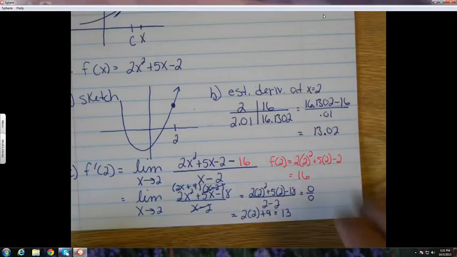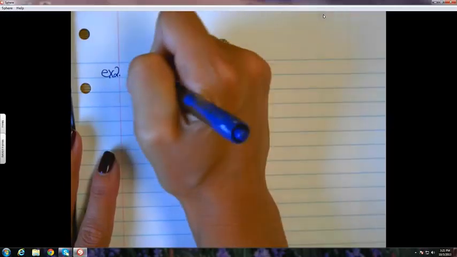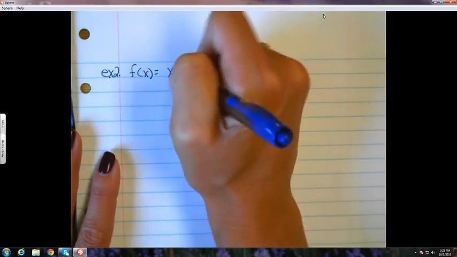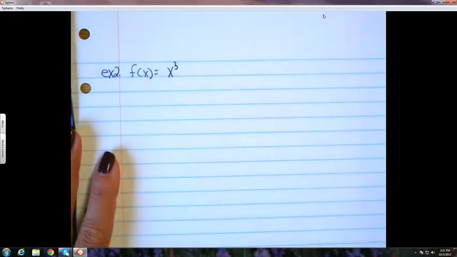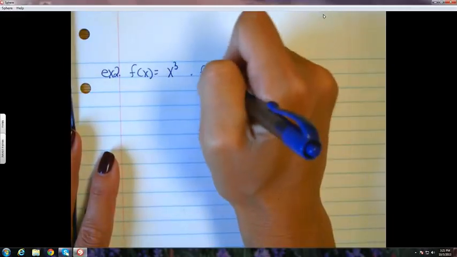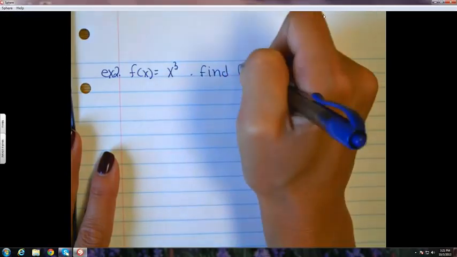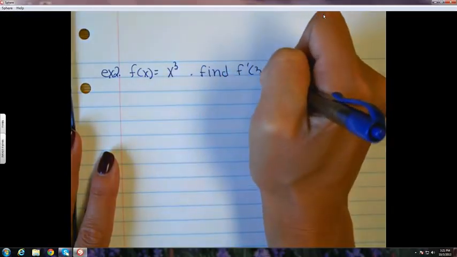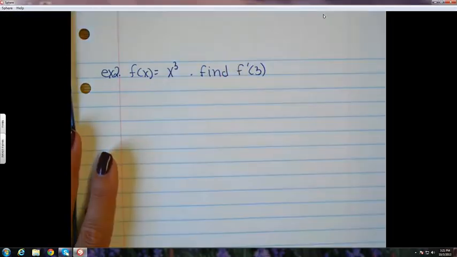Let's practice another one. If f of x equals x cubed, we want to find f prime of 3. That means the derivative at 3.